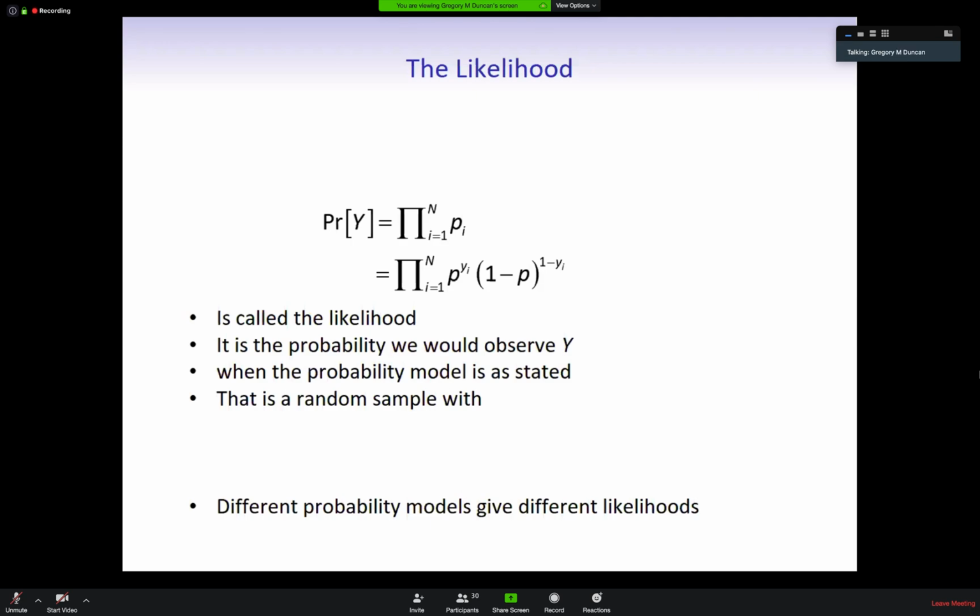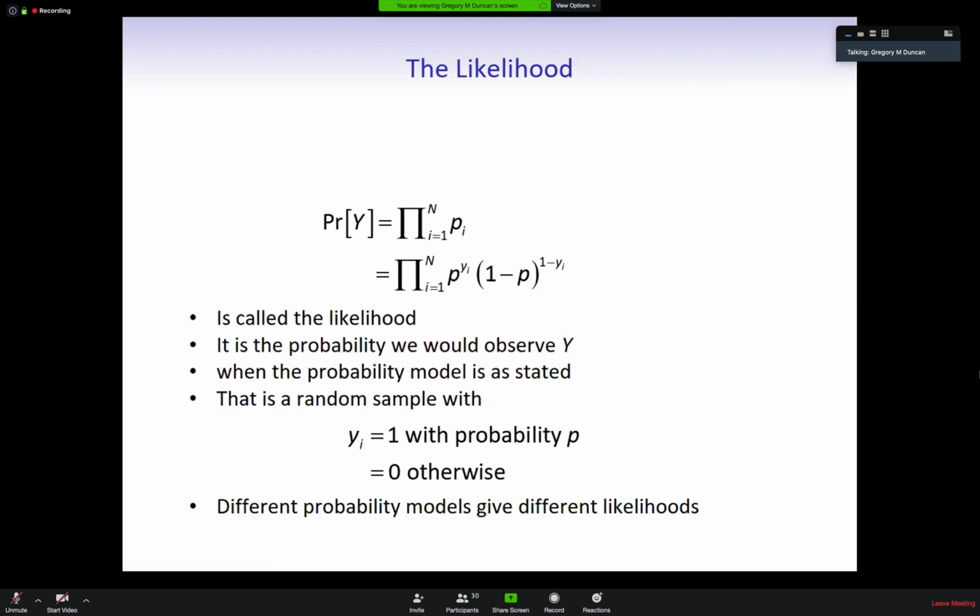This is the probability we would observe Y when the probability model is as stated and is a random sample with YI equal 1 with probability P and YI equals 0 otherwise, okay?